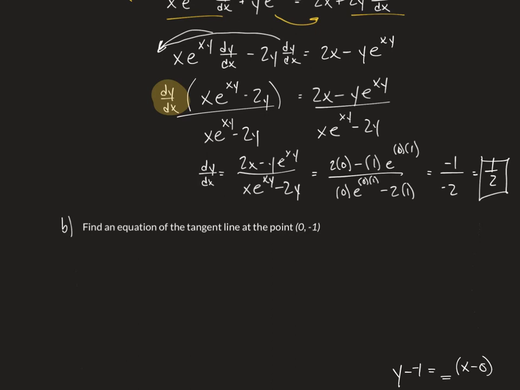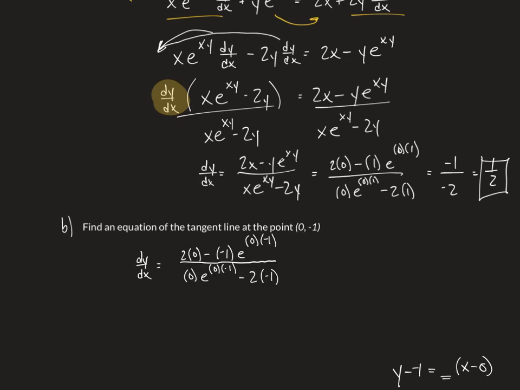And obviously there's a better way that we can write this, but this is just me using point slope form: y minus the y coordinate equals the slope times x minus the x coordinate. So all I need to find now is the slope. And the nice thing is I have a function that gives me the slope at any point on the curve. So instead of plugging in the point 0, 1, I'm going to plug in the point 0, negative 1.